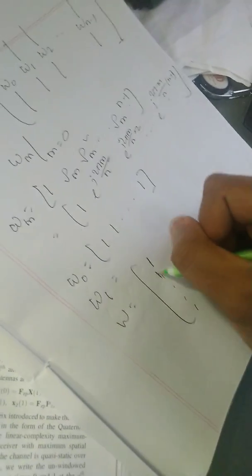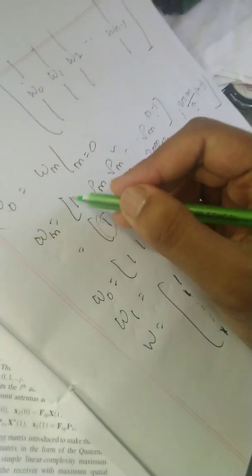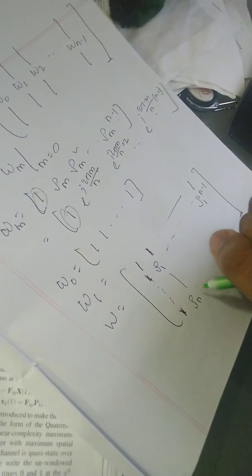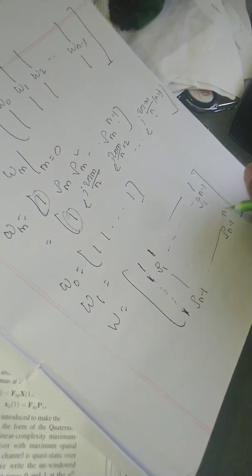The first column is all 1. The second column also starts with 1, because it always does, so the first row is also 1. Here we have rho 1 all the way to rho 1 to the power n minus 1. Here we have rho n minus 1 all the way to rho n minus 1 to the power n minus 1.